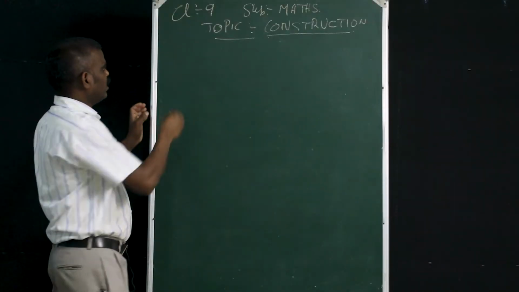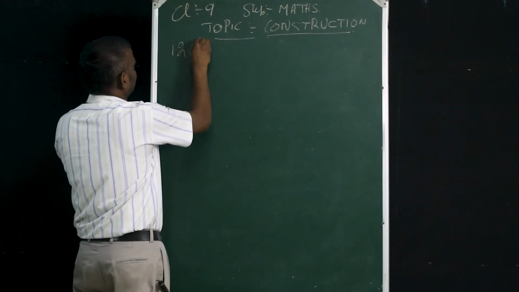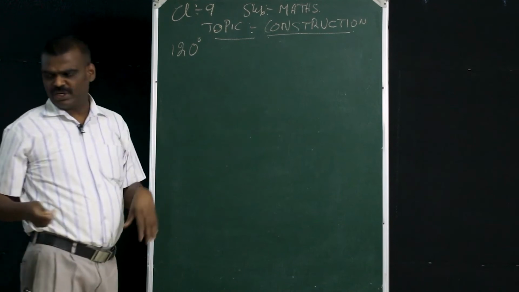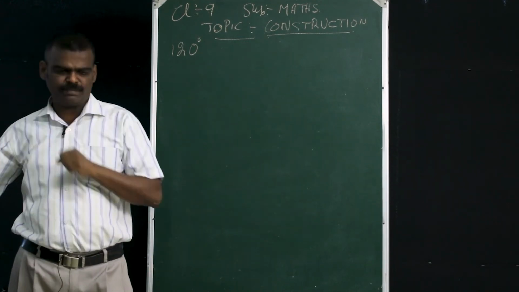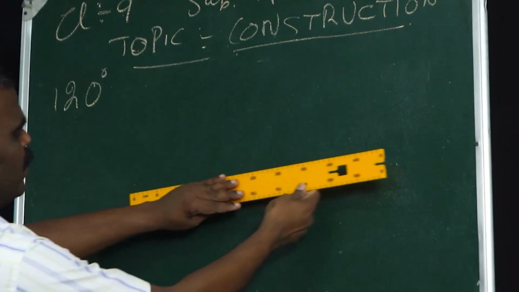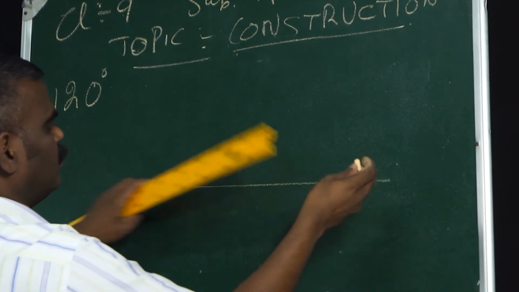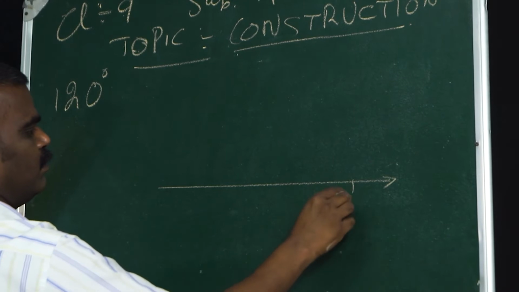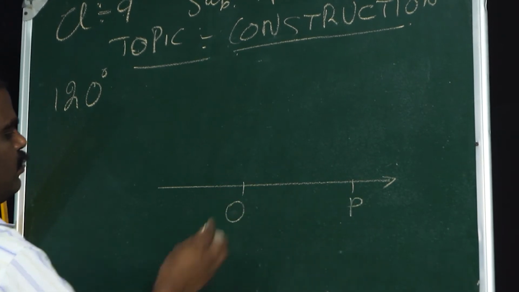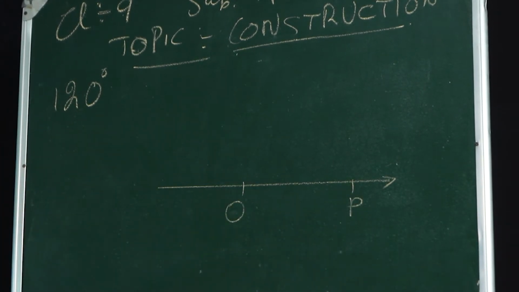Next is 120 degree. 120 degree. How to draw 120 degree? Take your compass.